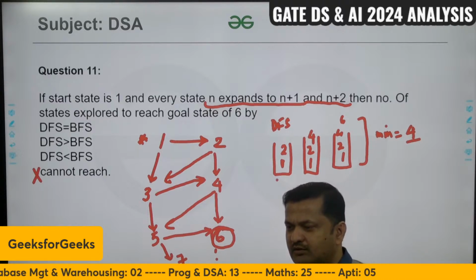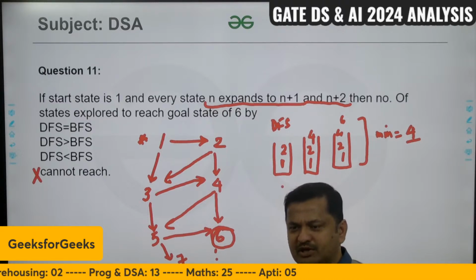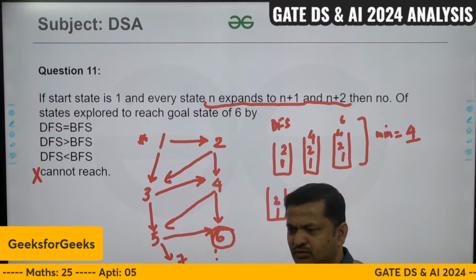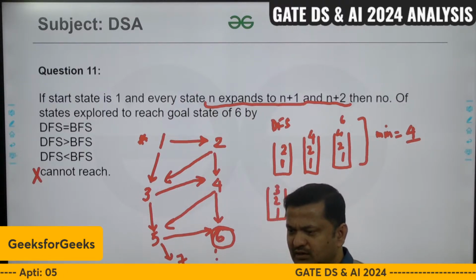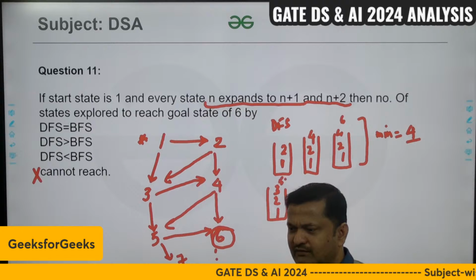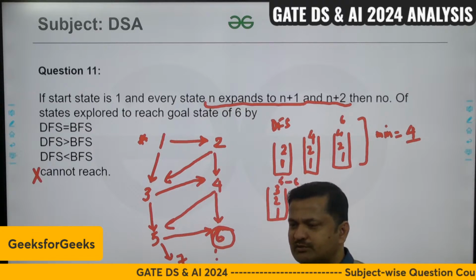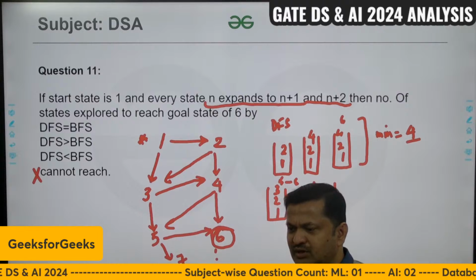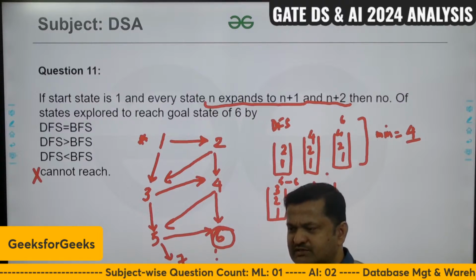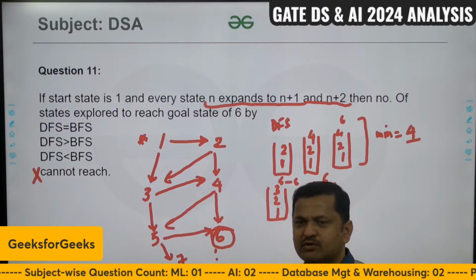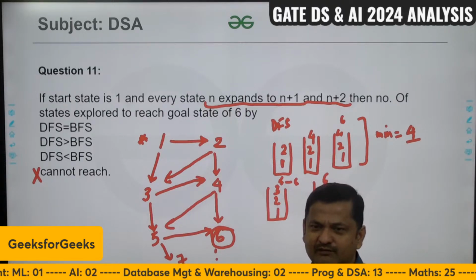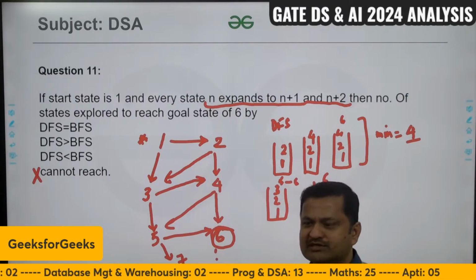Now we can have other DFS possibilities. Let's say I start with 1, then 2, then 3, then 5, and then 6. This is also one possibility. Another is 1, then directly 3, then 4, then 6. The minimum is again 4, and if we follow the DFS algorithm, we cannot go lesser than this.